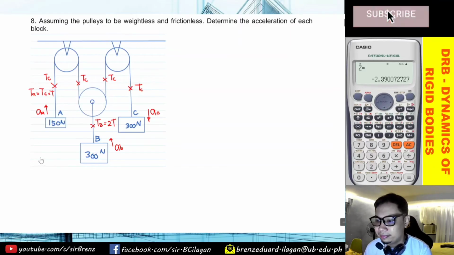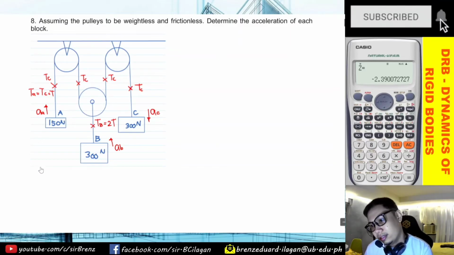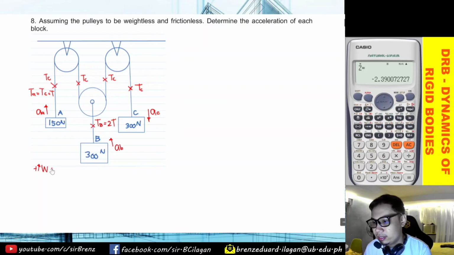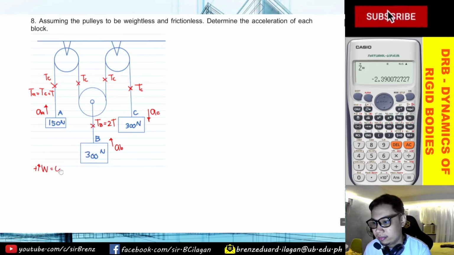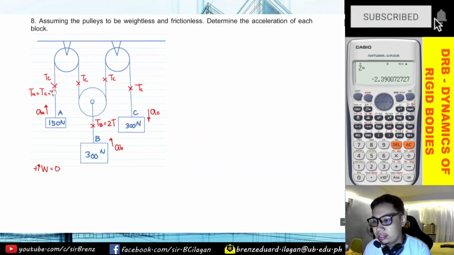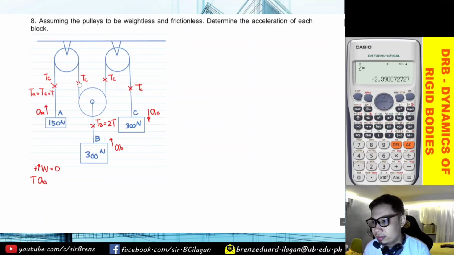So ang gawin natin, assuming upward work as positive, summation ng work is equals to 0. Lahat ng pataas, positive. So ito, acceleration A, TC, positive. So TC or T multiplied by A.